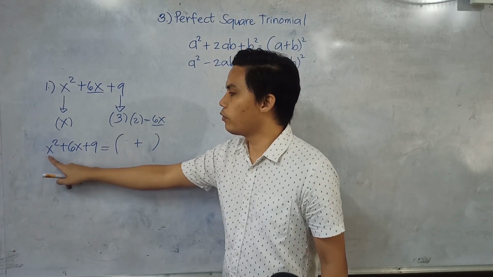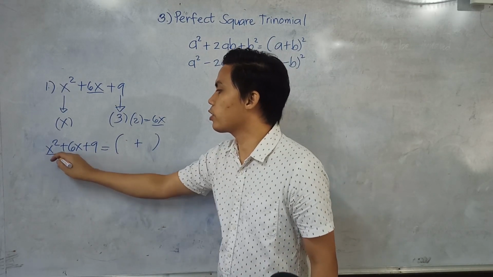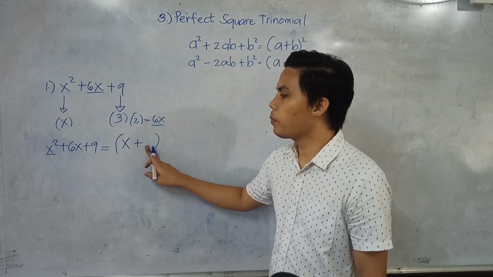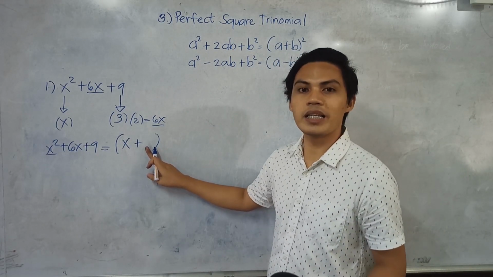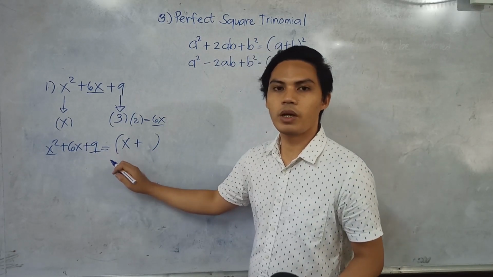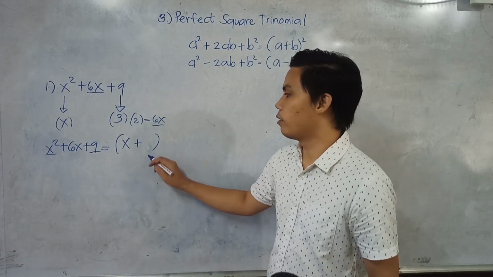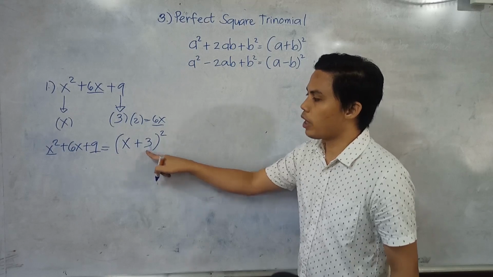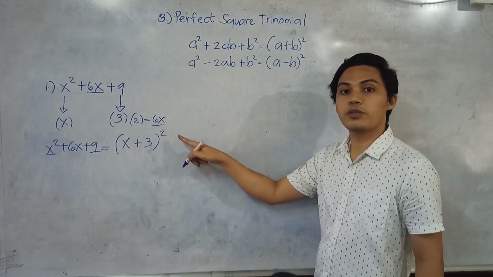So what is the square root of x squared? The square root of x squared is x. Okay. Dito naman sa pangalawa, ilalagay natin yung square root ng last term. The last term is 9. What's the square root of 9? We have 3. Okay. So the answer is the quantity of x plus 3 quantity squared.